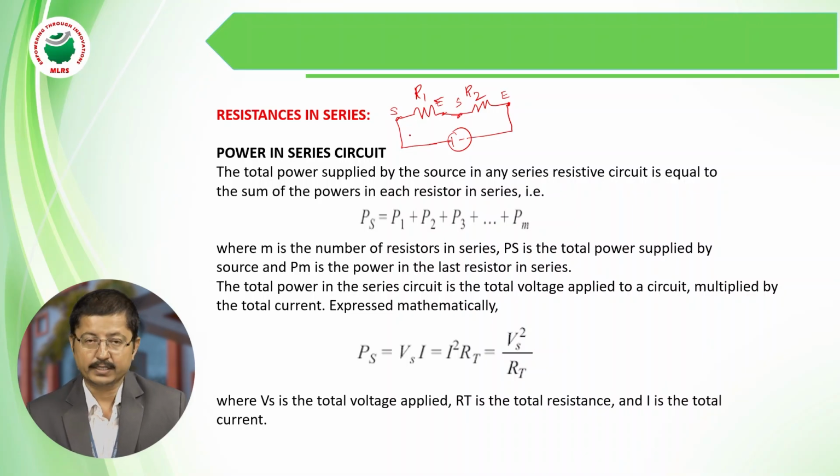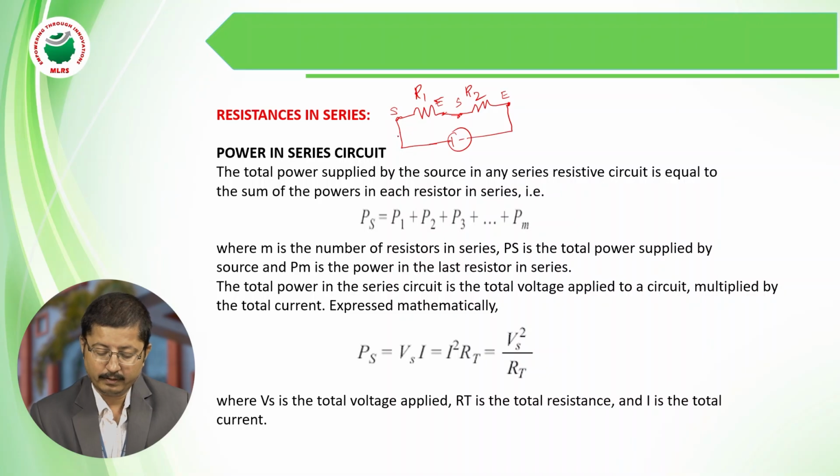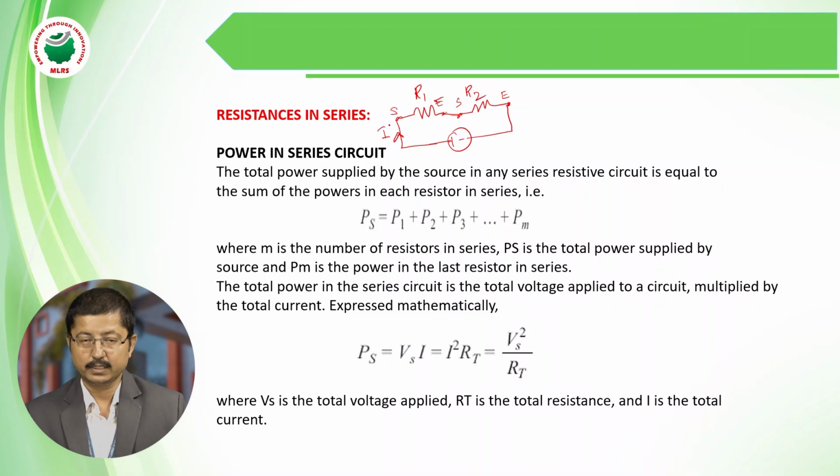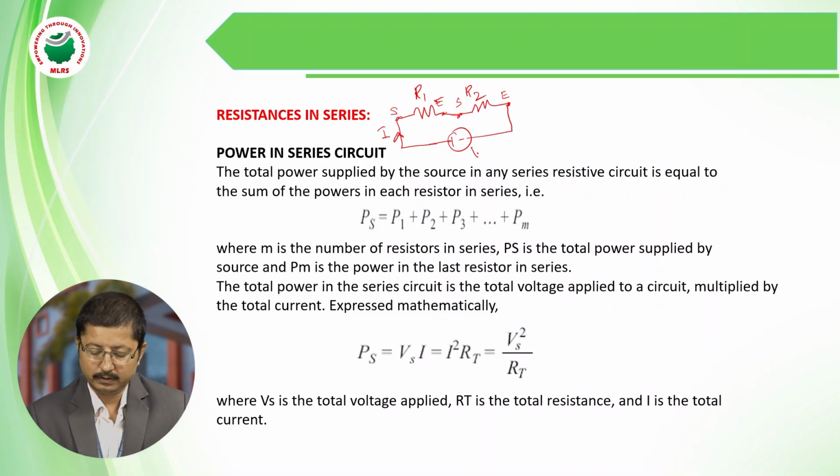Now we have to find the equivalent resistance of these two resistances. To find it, first we find the current flowing into the circuit. This is the total voltage and this is the total current. In a series circuit, the current flowing into the first element I take as I1, and the current flowing into the second element as I2.